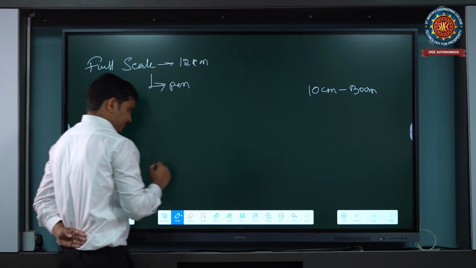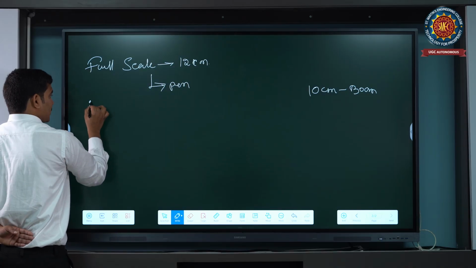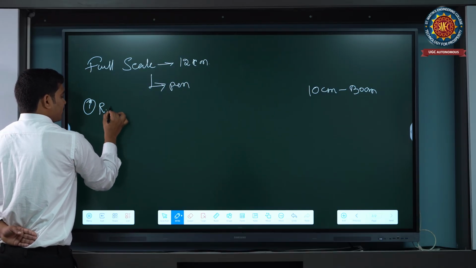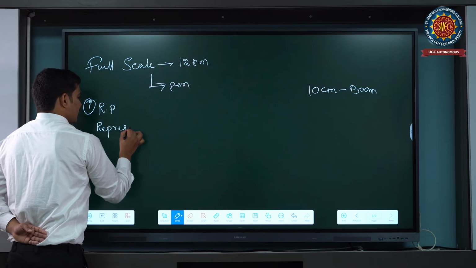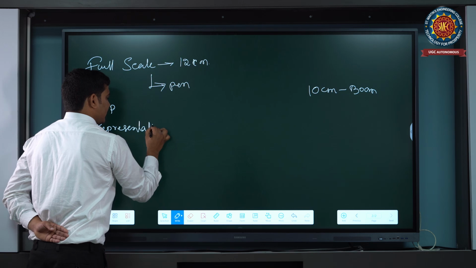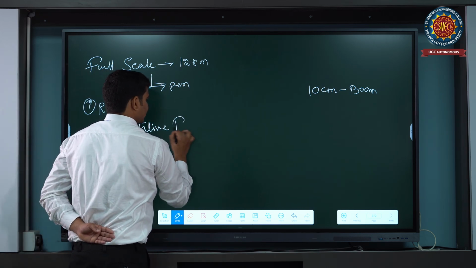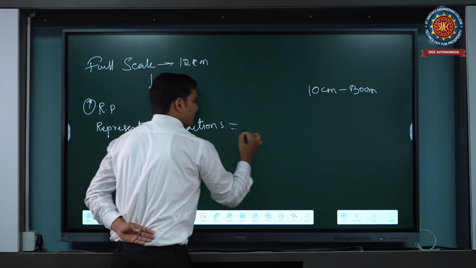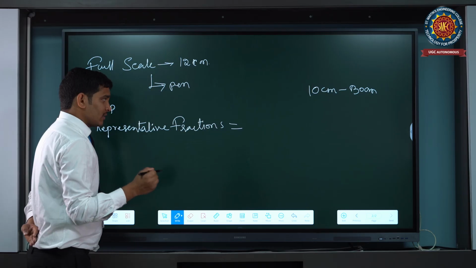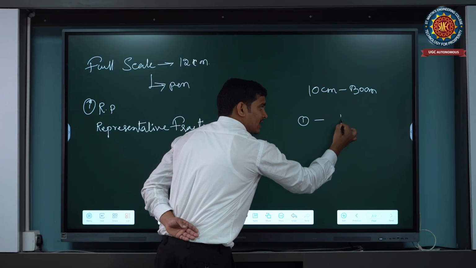For the scale, the first concept is representative fractions. In this one, for example, the distance from one destination to another.